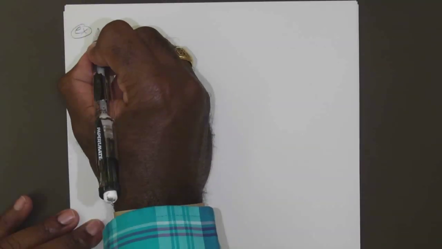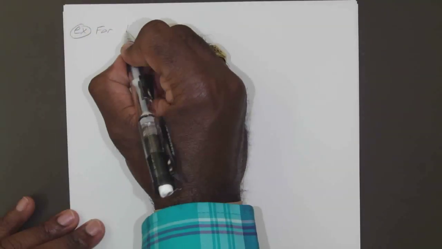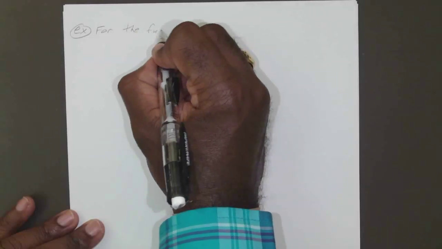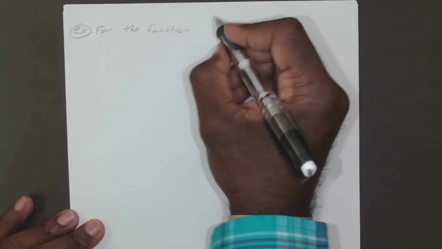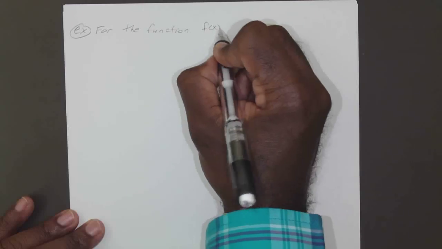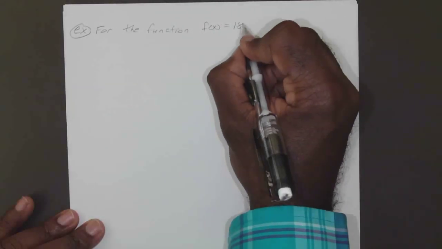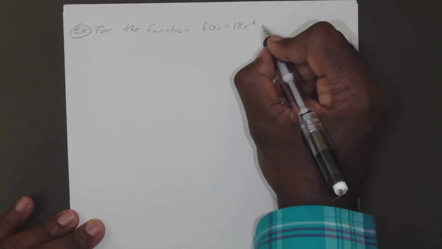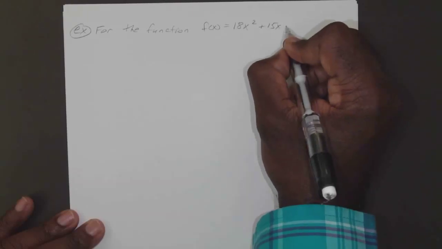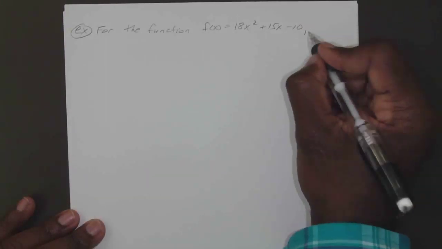Okay, so now they're going to really do somewhat the same thing, but they're going to try and trip you up a little bit with the wording. So I'll give you a few examples of how they'll do that. Let's say for the function f of x equals 18x squared plus 15x minus 10.